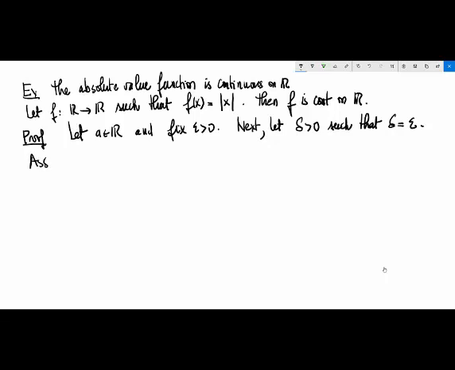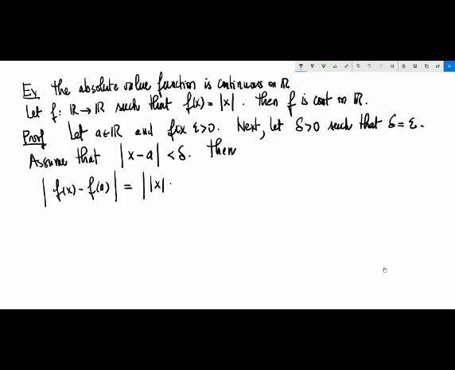Now assume that the distance between x and a is less than delta. Then the distance between f of x and f of a will be the distance between the absolute value of x and the absolute value of a.